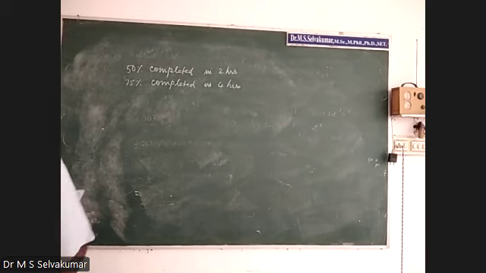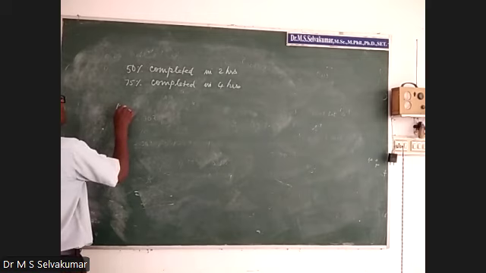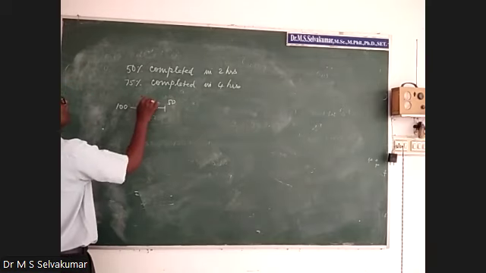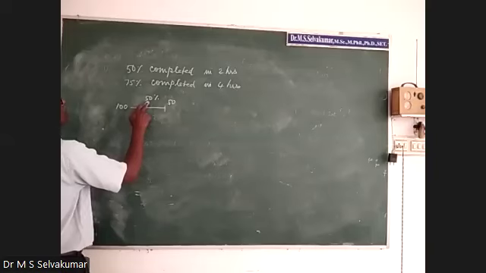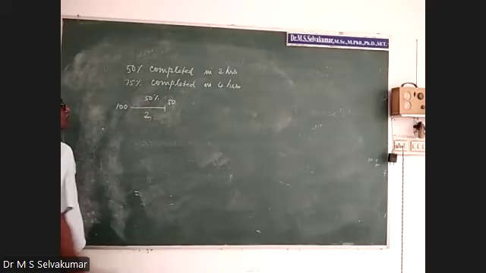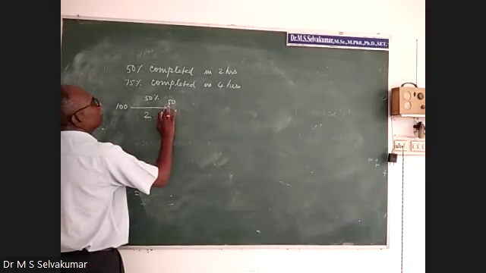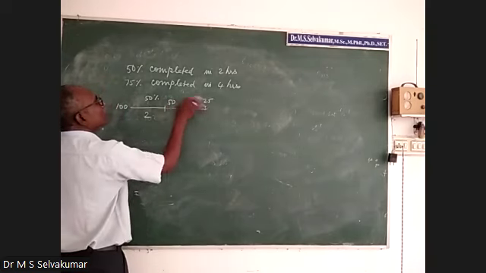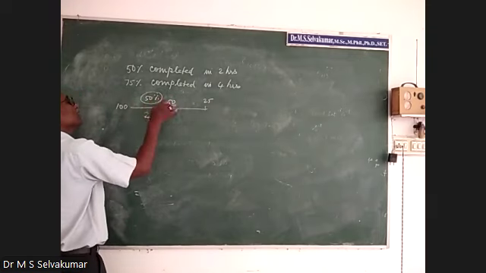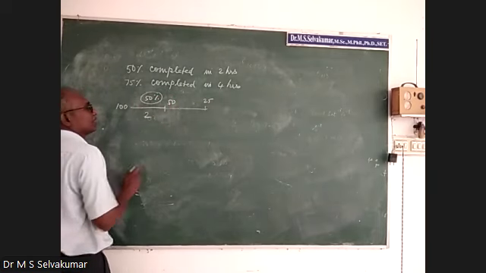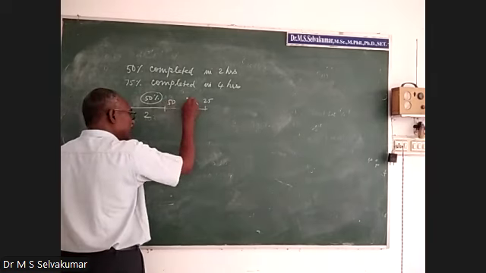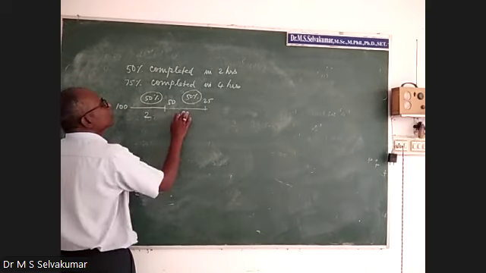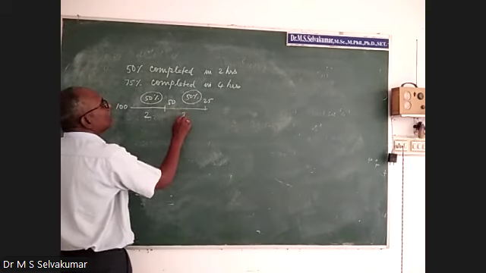See, 100 becomes 50, so 50% completed in 2 hours. From 50 to 25, another 50% completion, takes place in another 2 hours.